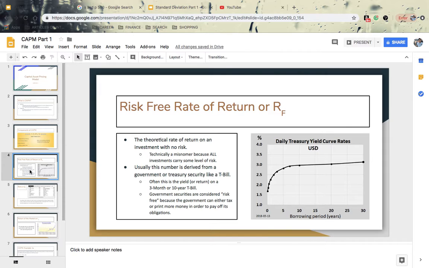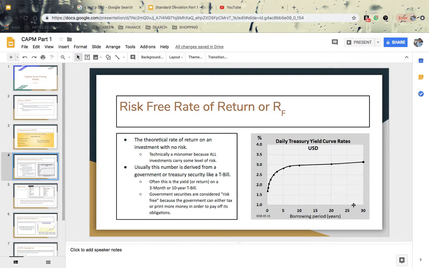So if you invest in one of these securities, you won't be left out to dry. Often this number comes from either a 3-month or a 10-year T-bill. Like I said, government securities are considered risk-free because the government can either tax or print more money in order to pay off its obligations.